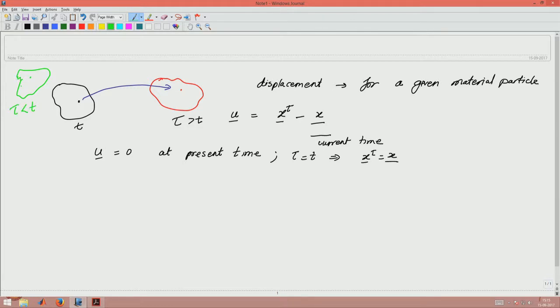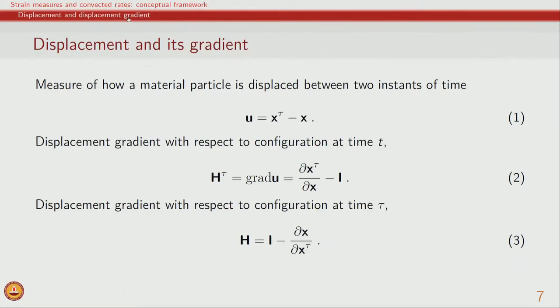So, displacement of a material particle therefore keeps track of the position of the material particle with respect to the current position. And so, that is how we have defined it. We say displacement is nothing but the difference between the present position and the position at any time tau.